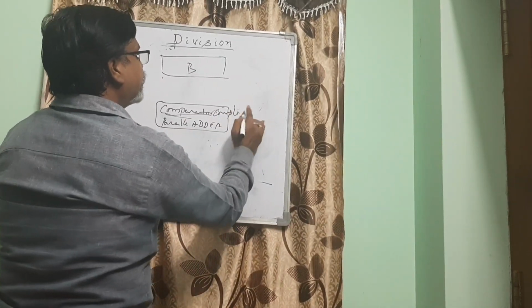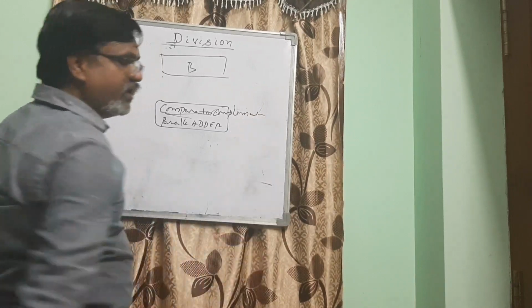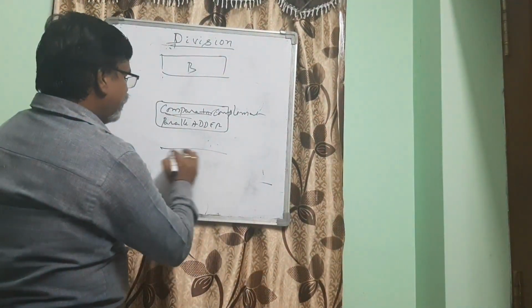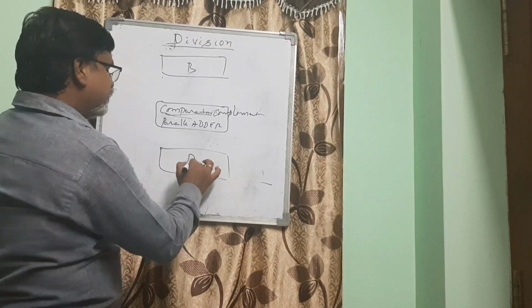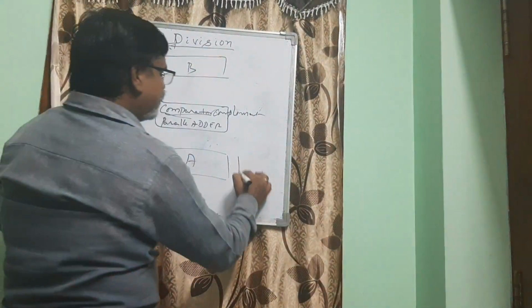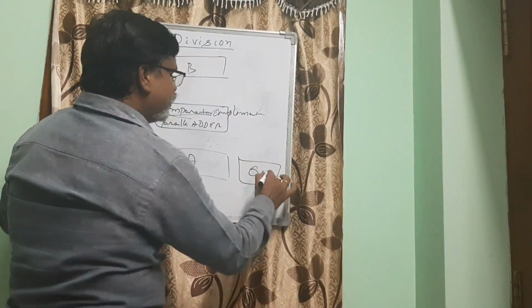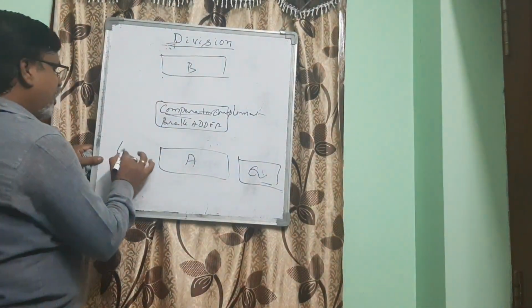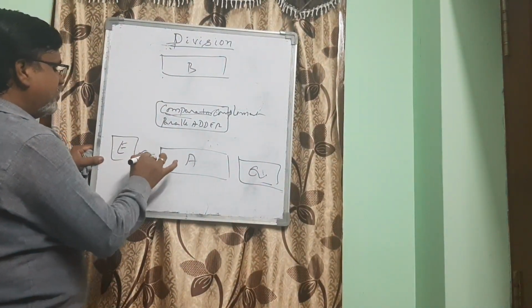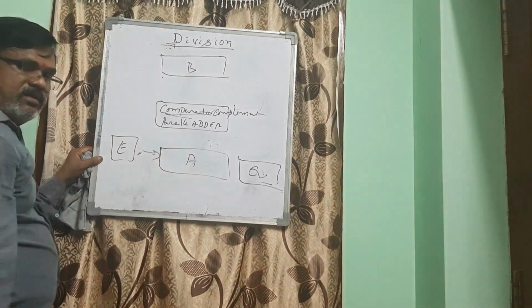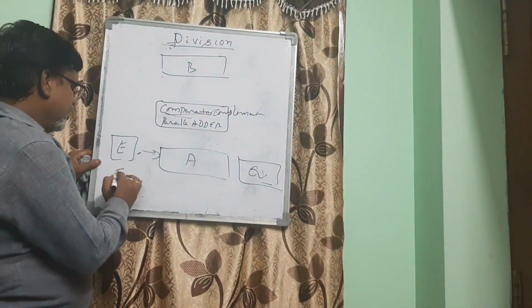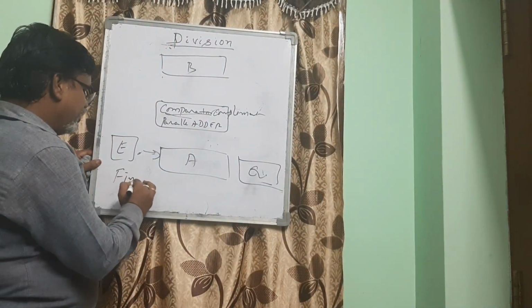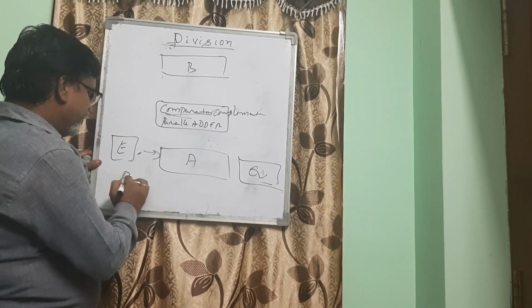The complementer is for finding the 2's complement. Then you will have register A, then Q to store the quotient, and you will have E, the end carry, or you can say the partial remainder.